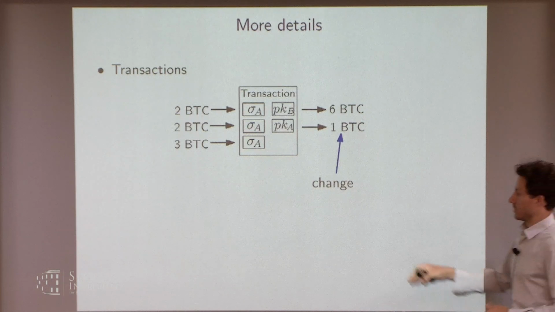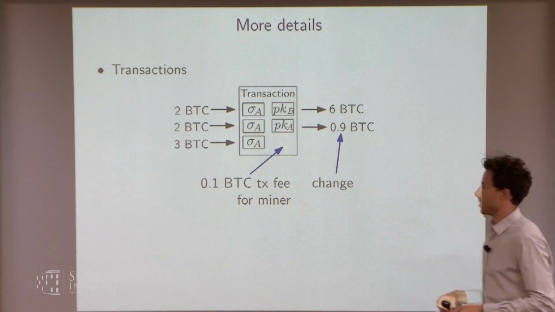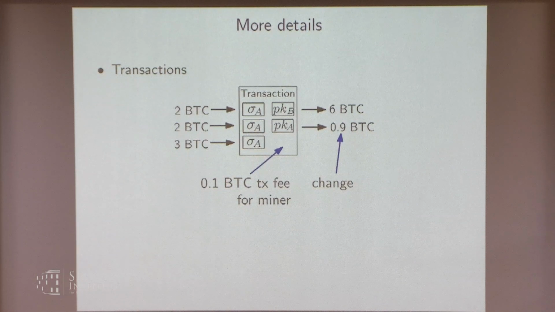What she actually does is that this would not be 1 Bitcoin, but let's say only 0.9 Bitcoin, because it's all about incentives. If you want your transaction to appear in some block, then you better pay the miner to include it in his block, because otherwise, why would he do that? It only makes the block bigger and therefore slower to traverse the network, and therefore less likely to end up in the longest chain.